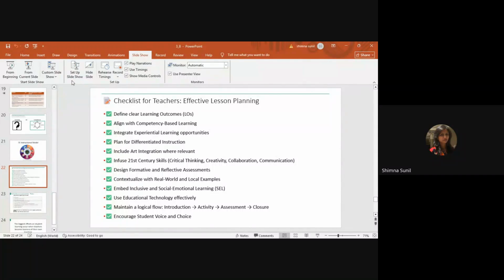I think that is the biggest challenge we are facing, because of the digital divide, where in rural areas the children don't have access to internet and these technologies. So including educational technology in every lesson in rural areas is definitely a big challenge, sir.